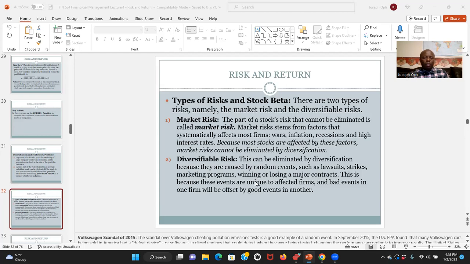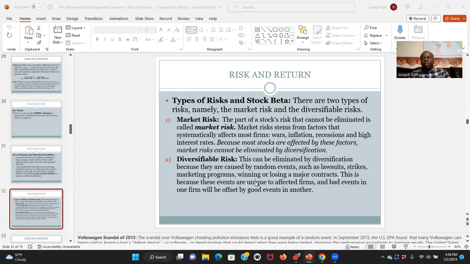Market risk is part of every stock. Let me put it this way. Market risk is the type of risk that cannot be eliminated by diversification.